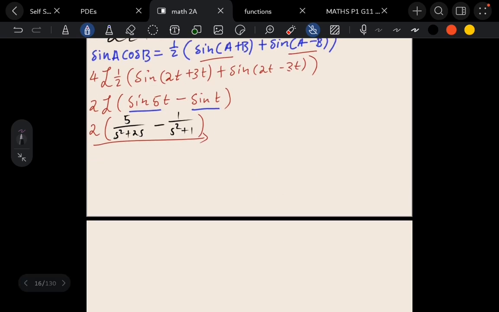Right, so this will be your answer in a nutshell. Right, and then number 3, the Laplace transform of sine t minus cos t, all squared. Since the sine and the cos are all squared, first you need to simplify the inside of the bracket.